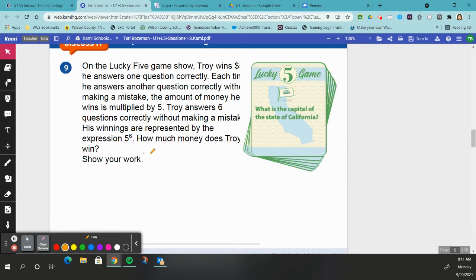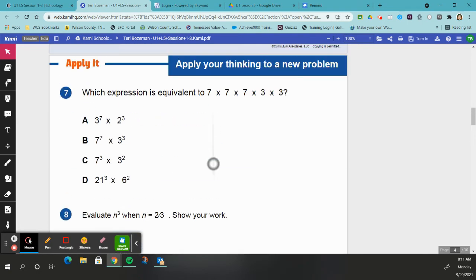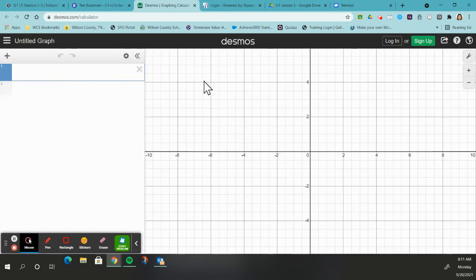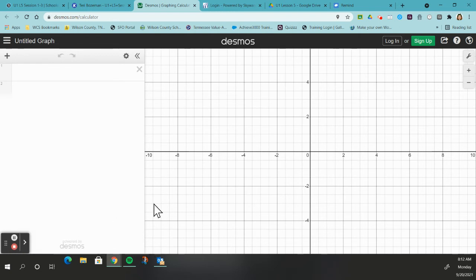So with this particular question, I had put a calculator link here on the Try It problem. And when you click that link, it takes you to a Desmos graphing calculator. Okay, so this Desmos graphing calculator has some different options.